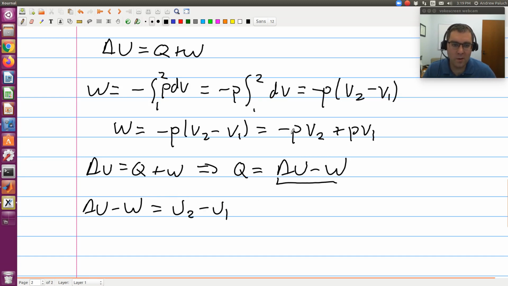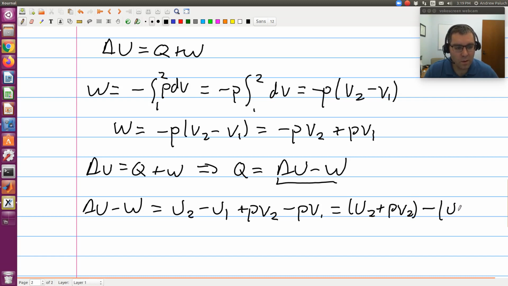For the minus W, I'm going to plug in this equation here. So it's a minus, so it's going to be plus P V2 minus P V1. Grouping terms, I'm going to rewrite this as (U2 plus P V2) minus (U1 plus P V1).